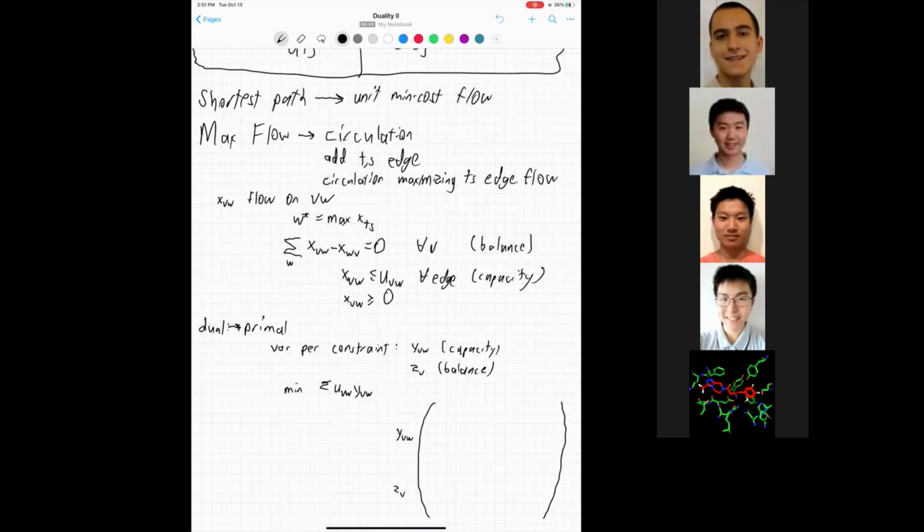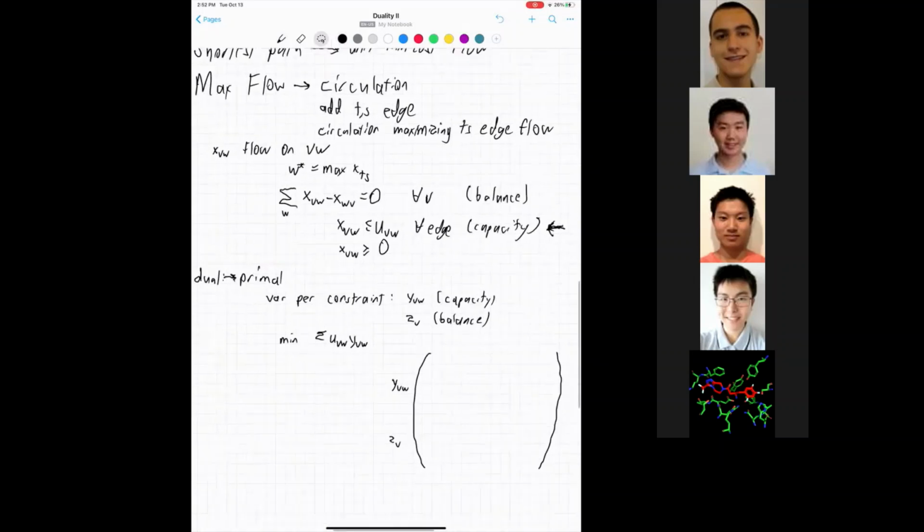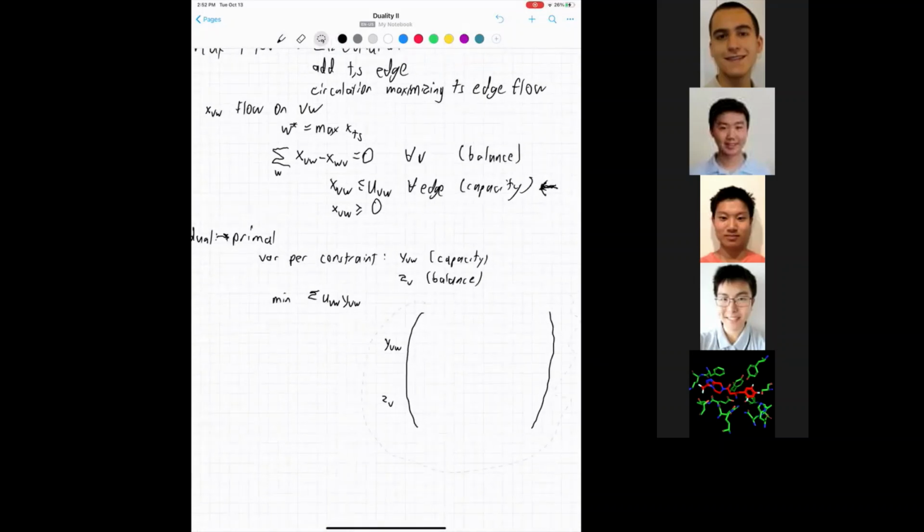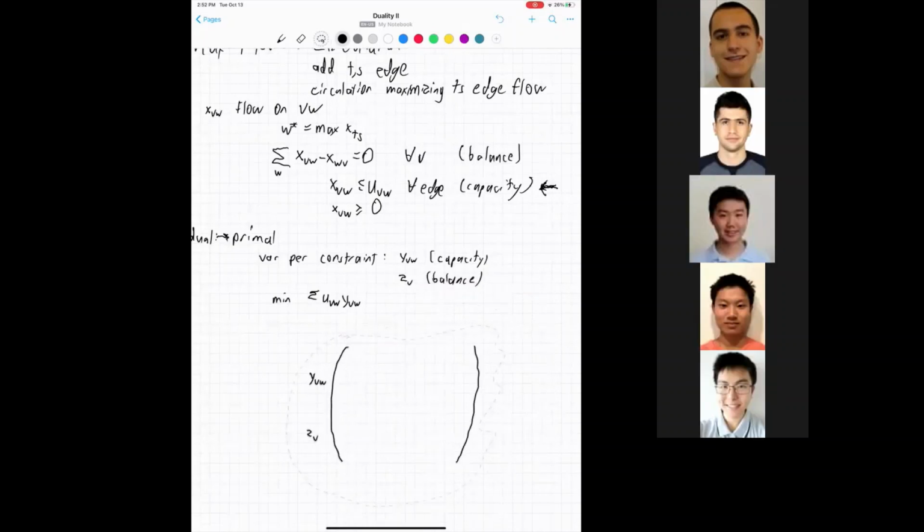That is the row that corresponds to one of these capacity constraints, right? So what do we see in that row? A 1 for each edge that it's showing the capacity for.